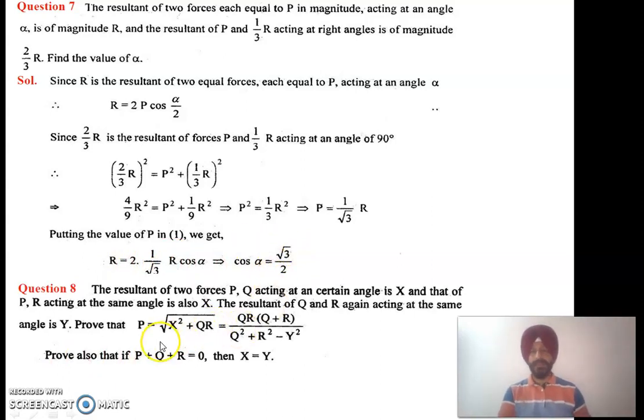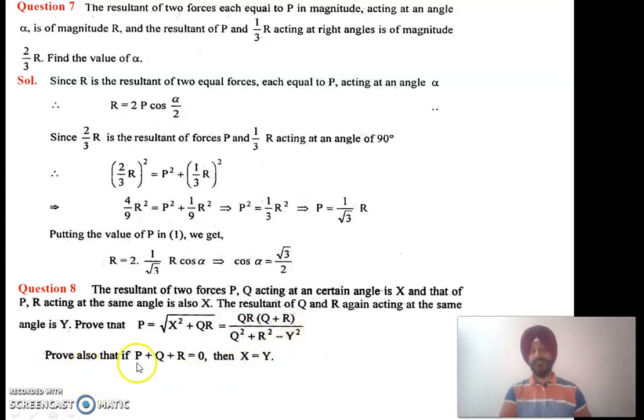Now come to the next question, and this is a very important question. The resultant of two forces P, Q acting at a certain angle is X, and that of P and R acting at the same angle is also X. The resultant of Q and R again acting at the same angle is Y. Prove that P is equal to root of X square plus QR, which is equal to QR into (Q plus R) over (Q square plus R square minus Y square).